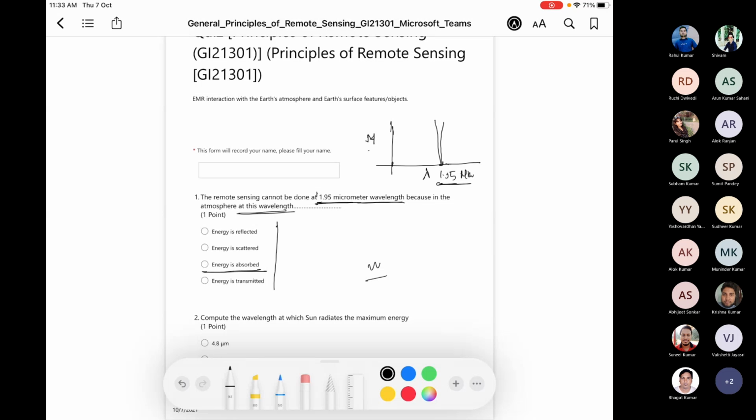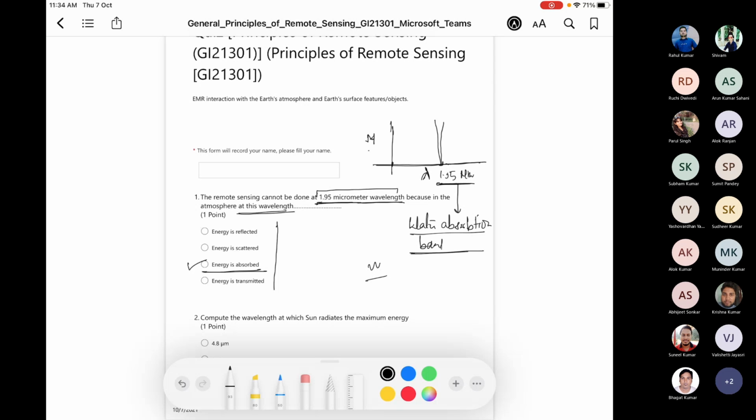At 1.95 micrometer, if you analyze the atmospheric transmission versus wavelength curve, 1.95 micrometer is a water absorption band. So at this particular wavelength, energy is absorbed, and absorption is the responsible phenomenon in the atmosphere.